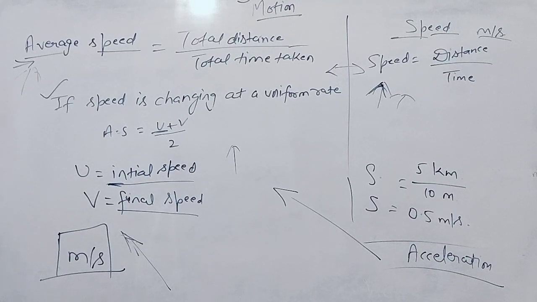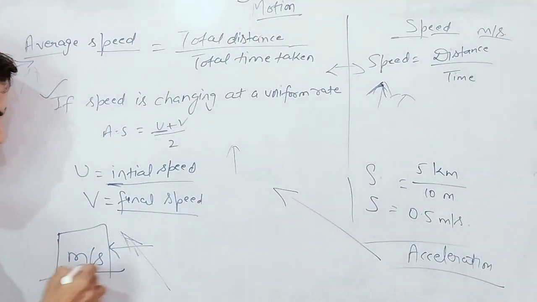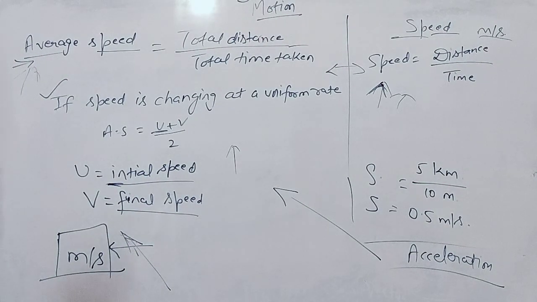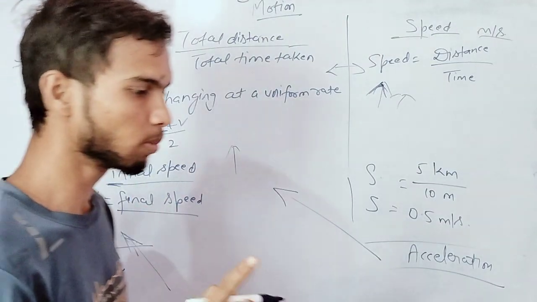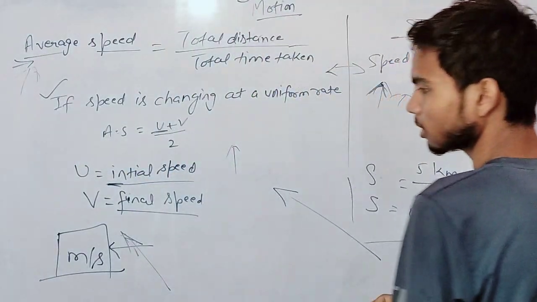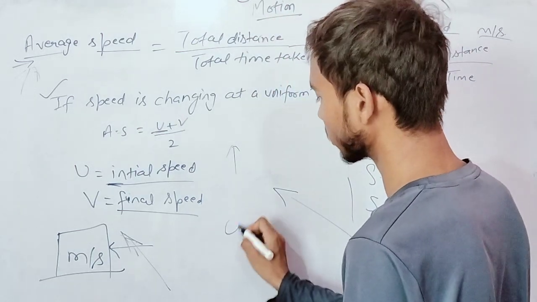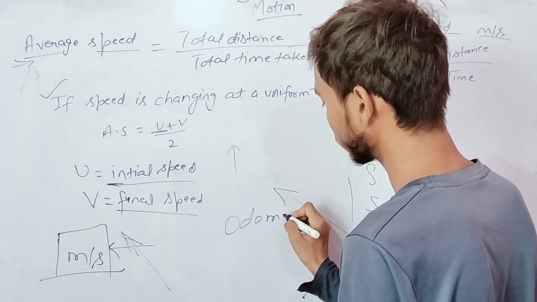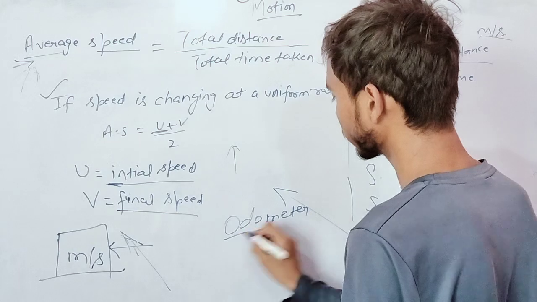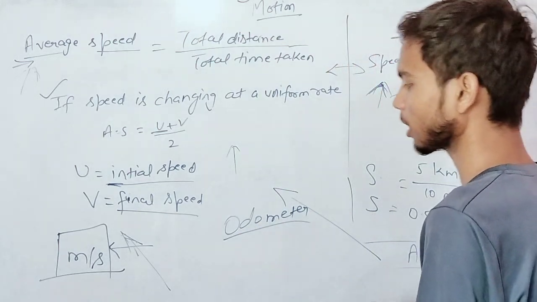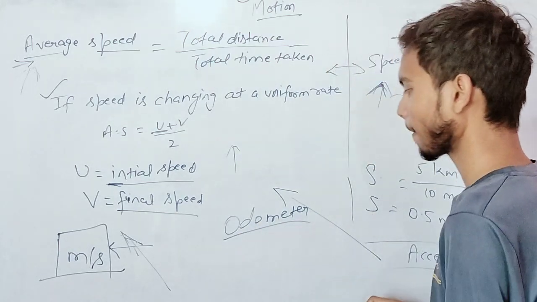Always remember, speed is considered as meter per second, but an odometer will tell you total distance covered by a vehicle within a time.